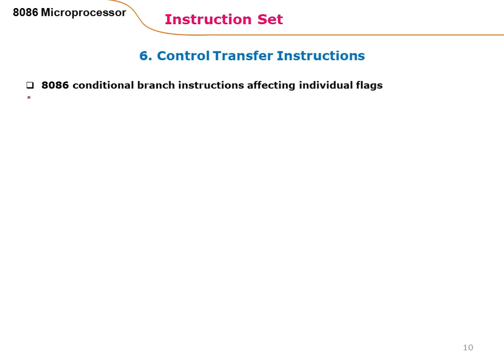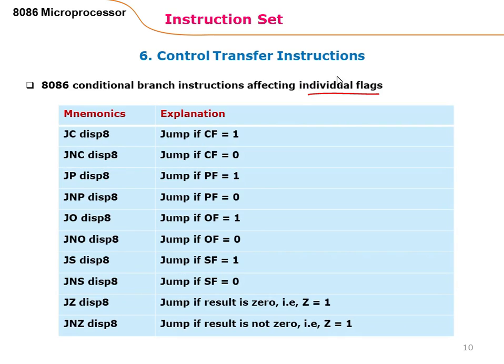Now, these conditional branch instructions affect the individual flags. There is a flag register. Suppose we want to change a particular bit in the flag register, so we can set or reset the flag value.